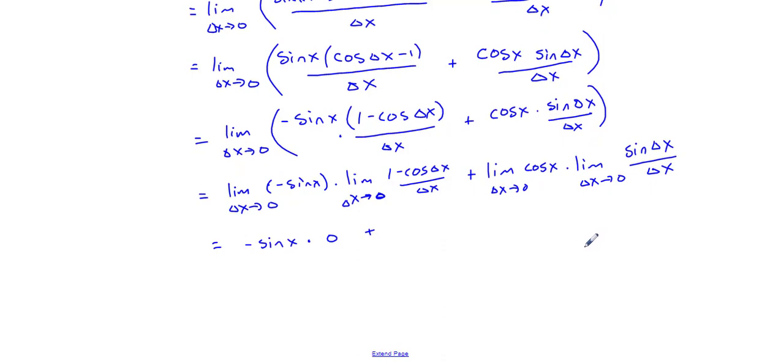Memorize those. What's the limit as delta x goes to 0 of cosine x? Cosine x. There's no delta x to make a substitution, so it's just going to be the argument of the limit. Now, what is this one? 1. Negative sine of x times 0, plus cosine x times 1.